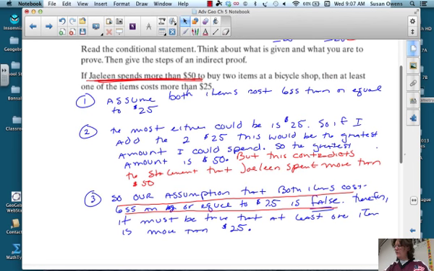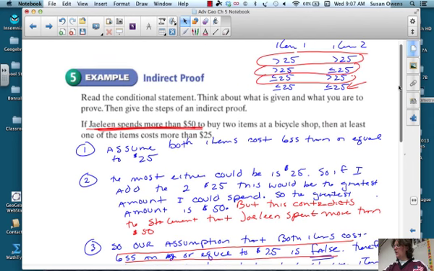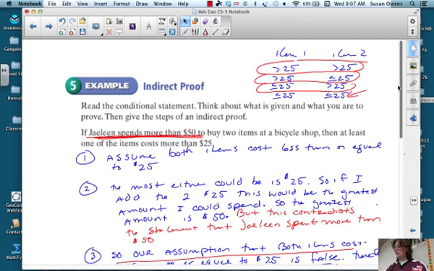One of the things you have to make sure of in this step is that you show that every case other than the one you're trying to prove is false. In this case, I did that little table at the top to make sure there was only one case I had to look at, where they were both less than or equal to $25, because every other case fulfills that at least one of them is more than $25.